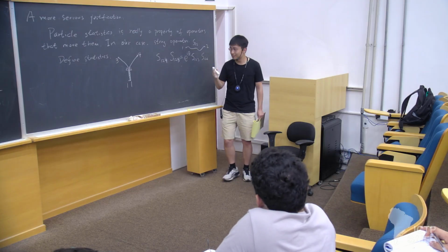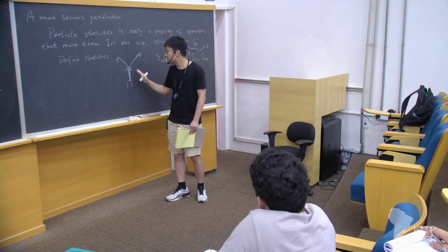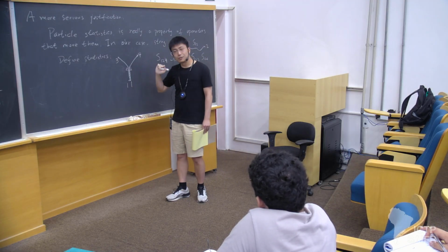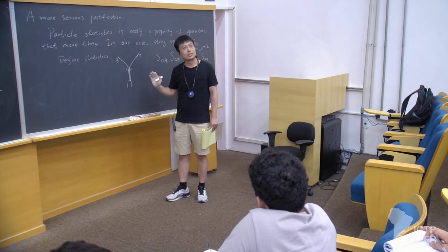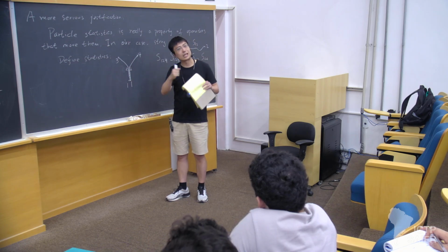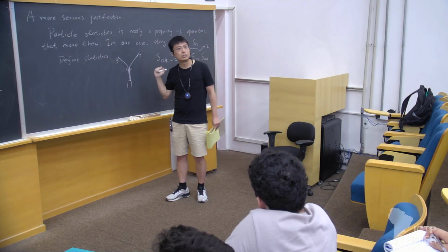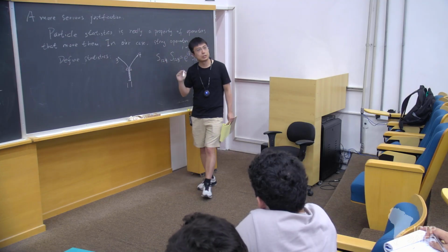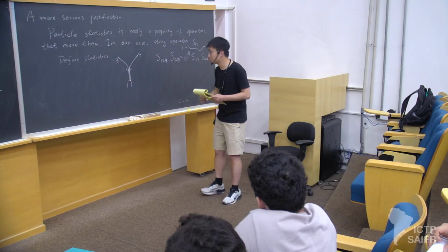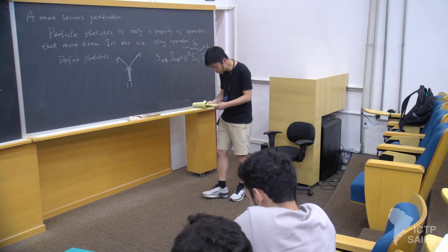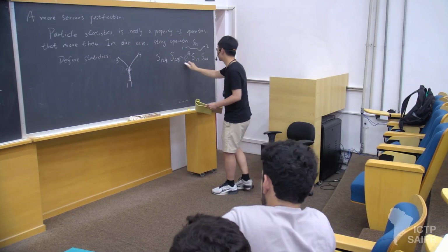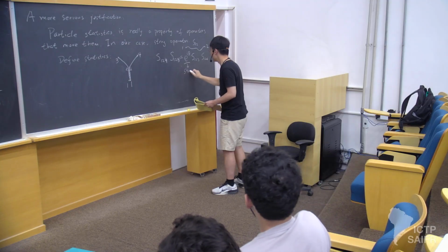I'm not going to explain that, but it turns out this definition is actually a pretty nice one, in the sense that there's sometimes some ambiguity of exactly how you define the string operator and so on. But this definition is robust against all those ambiguities. That's a technical remark. You don't need to worry about that. So this is what I call statistics.